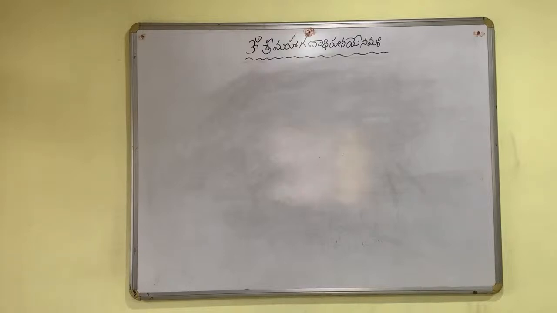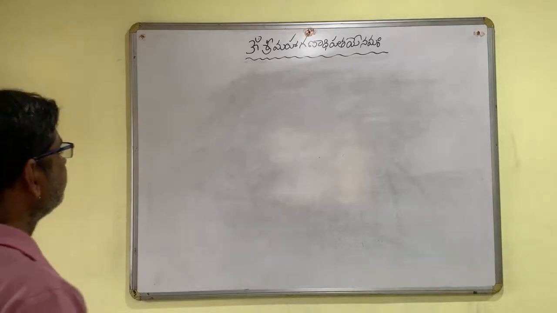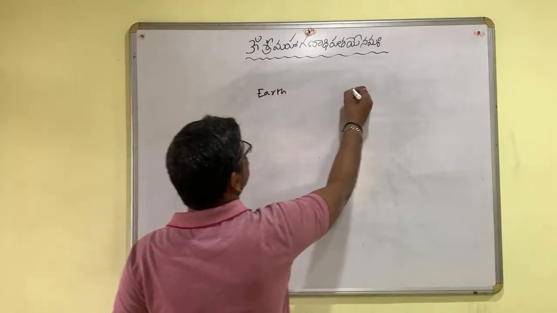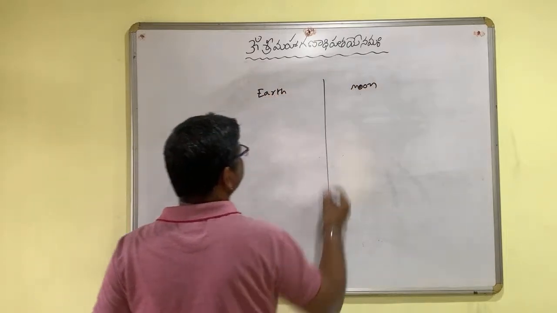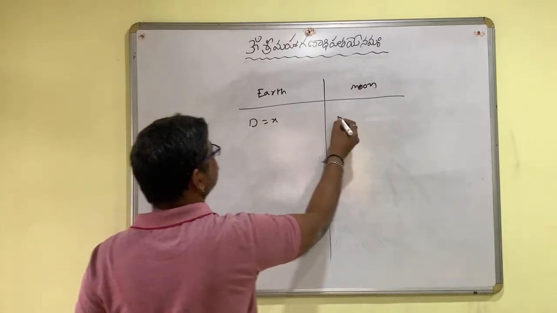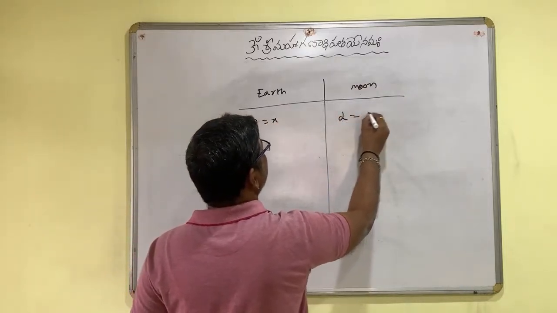Next question. Same, Moon, Earth. The diameter of Earth is x, and the diameter of the Moon is x by 4.